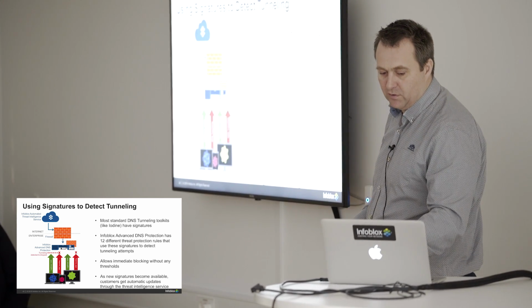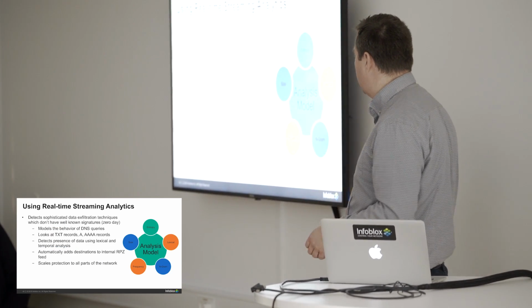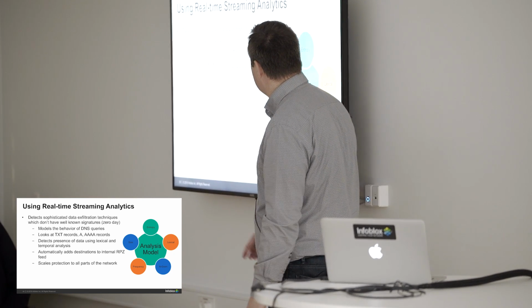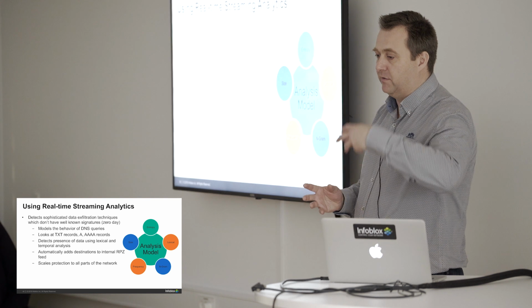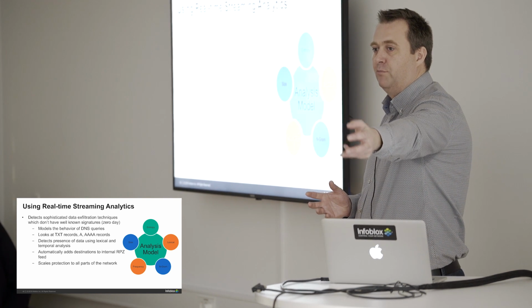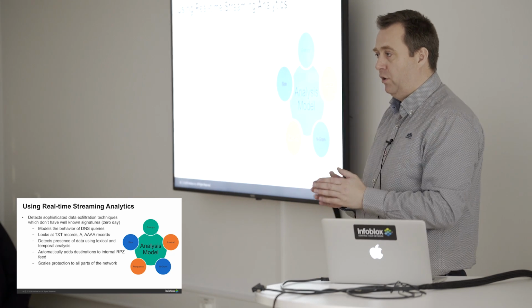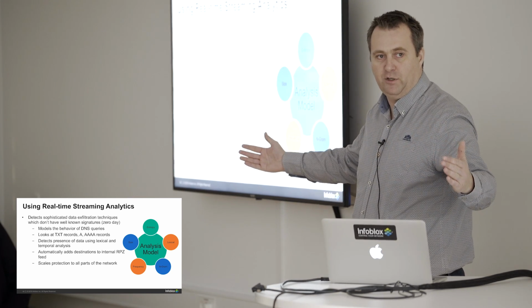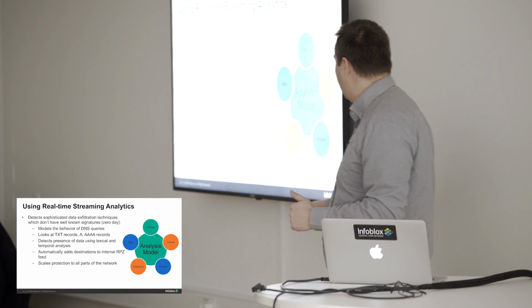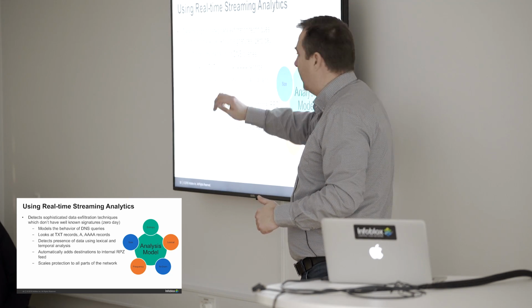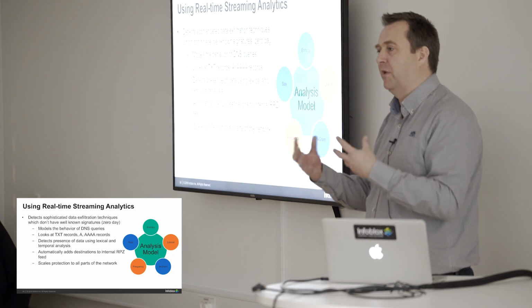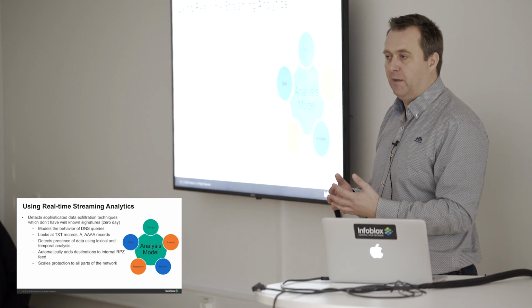And the only way you can solve that, and there's no next-gen firewall that today can do that, is when you start streaming analytics. Streaming analytics means when you look at queries that go to a certain external domain name, you look at that information over a longer period of time. You look at entropy, lexical, n-gram, the frequency of the packets, the size, and you put a mathematical model behind it.